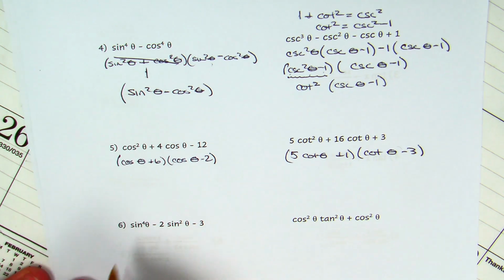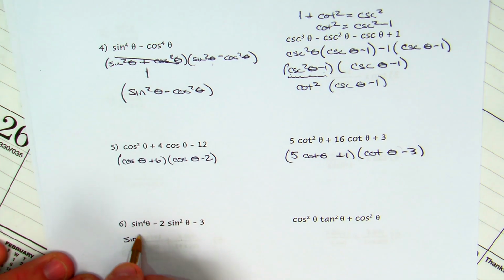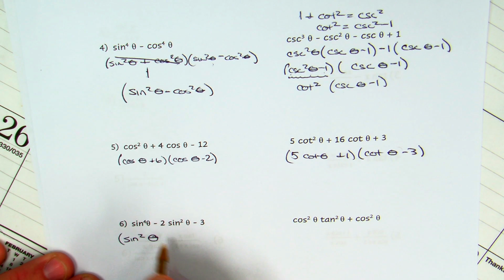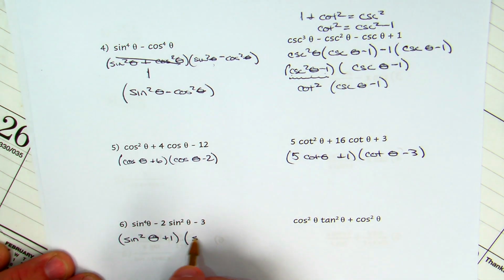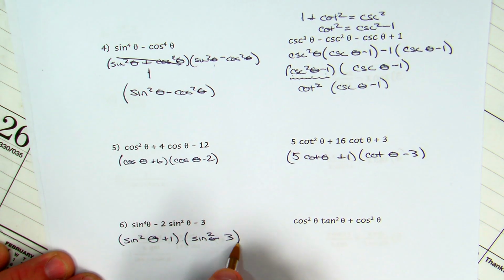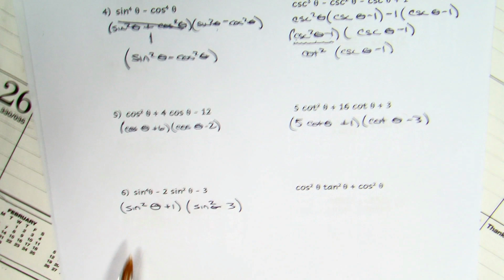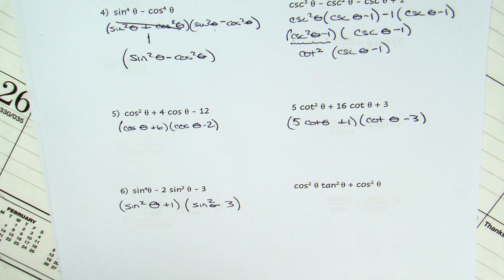The first one in 6 is a little tricky, not the factoring part. Alright, it starts with a fourth. It's going to factor into a squared, so that's sine squared plus 1, sine squared minus 3. The thing is, sine squared plus 1 is not part of any identity, so we're done.